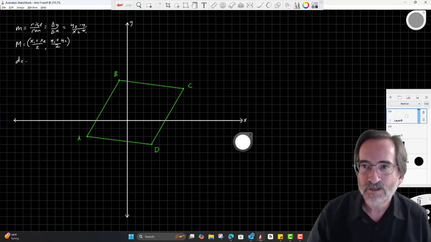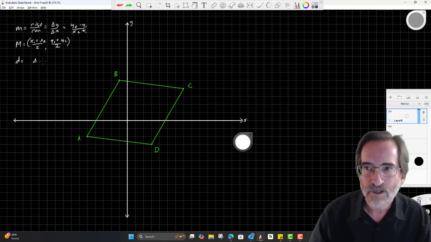And the distance can be found by the Pythagorean theorem. The horizontal change, or change in x, and the vertical change, or change in y, which is y2 minus y1. So change in x squared plus change in y squared, or the width and the height.